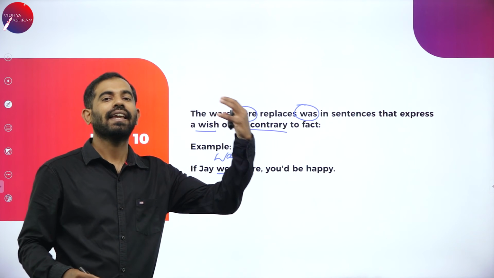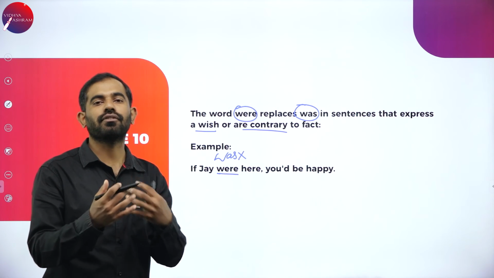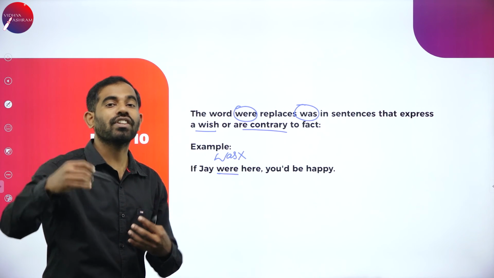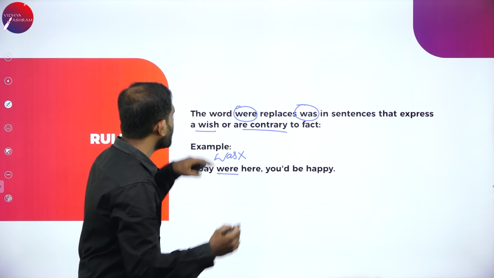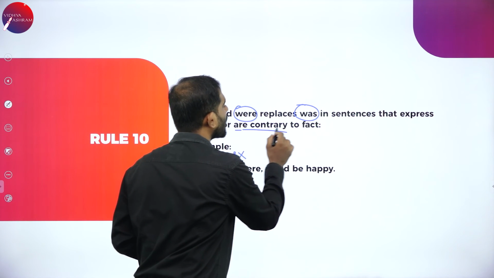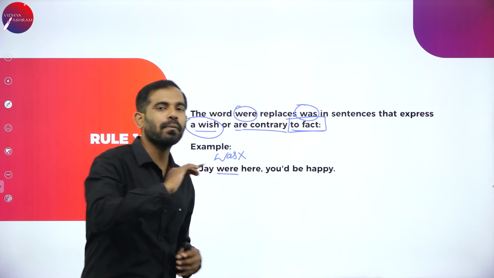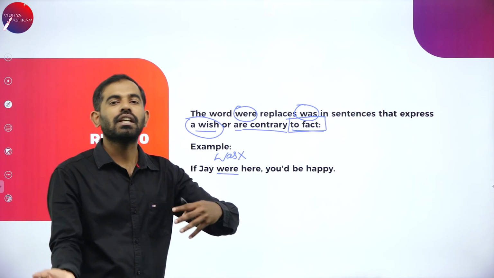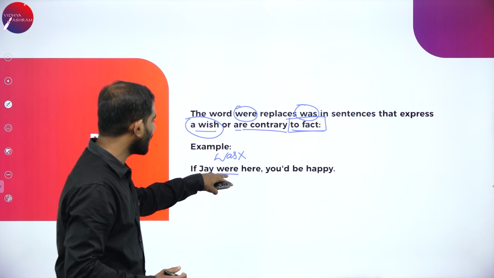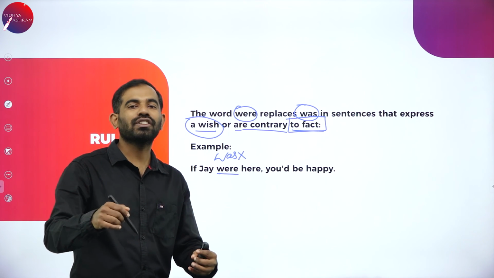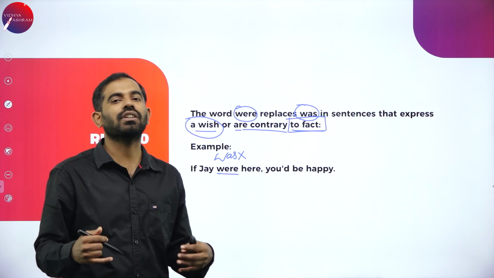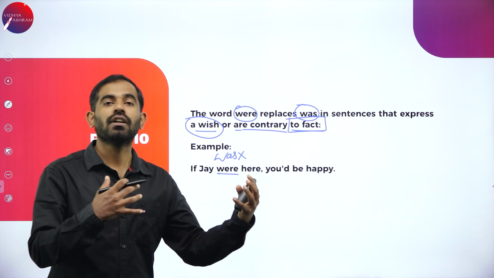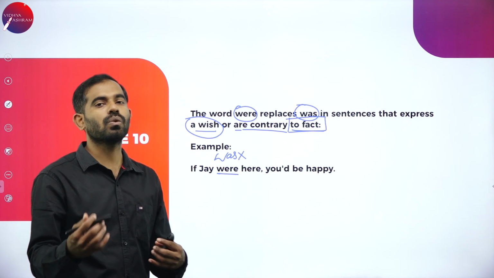"Wish I was him" is wrong usage. It is "Wish I were him." Why? Because you are making a wish that is contrary to fact. You cannot be him at all. At any cost, you cannot be somebody else. So it is contrary to fact, and that's the reason we use "were." "Wish it were Friday today," not "wish it was Friday." That's the rule you need to follow.